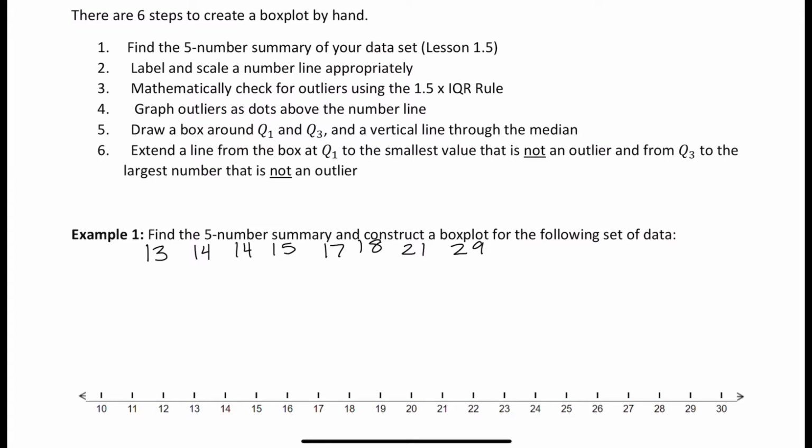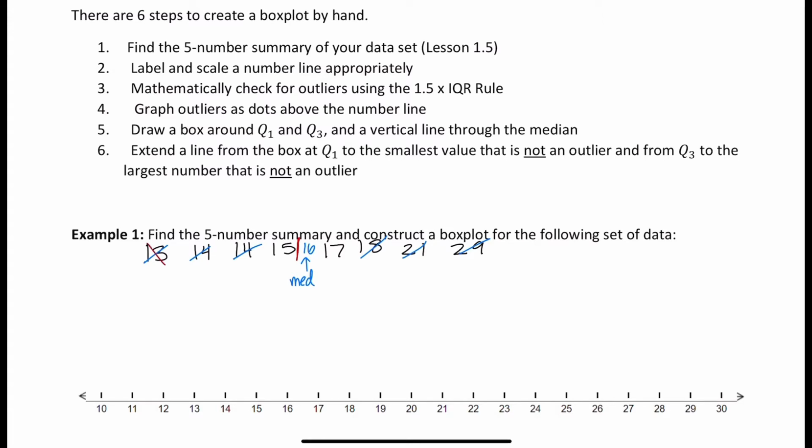If we tick off in between here, our median is going to be sitting right in between 15 and 17, and the only number in there is 16. So our median is 16. And remember, to find our Q1, we find the median of our lower half.